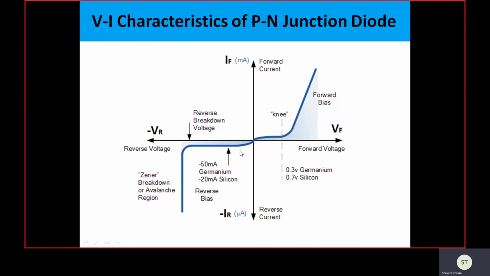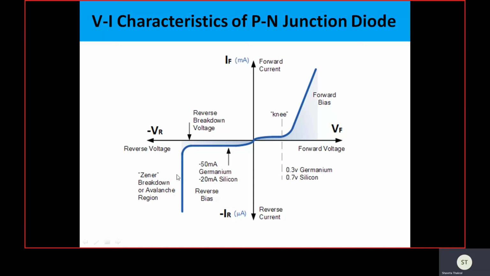And in the case of the reverse bias PN junction diode, there is no current due to majority charge carriers, but a very small current is there, and that is almost constant, due to minority charge carriers. This current is called the reverse saturation current. And if we increase the reverse bias voltage to a very high value, junction breakdown takes place.